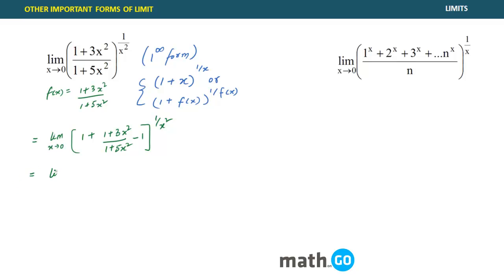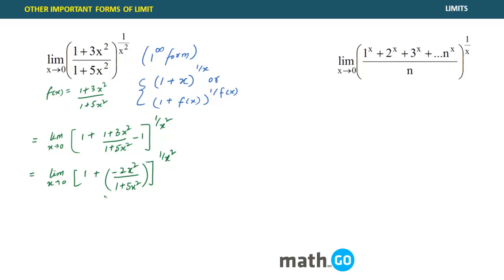Now this becomes 1, and if you take the LCM, what would it become? Tell me. Yes, it will reduce to 1 plus (minus 2x square upon 1 plus 5x square), the whole raised to power 1 by x square.